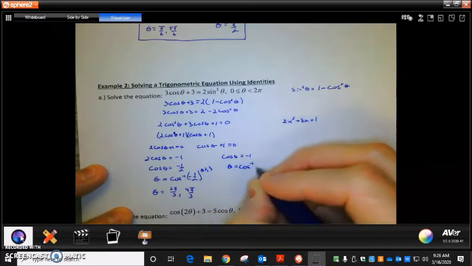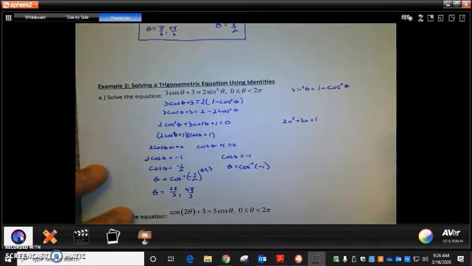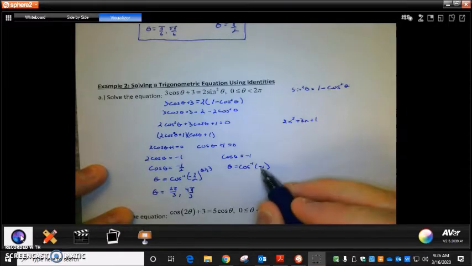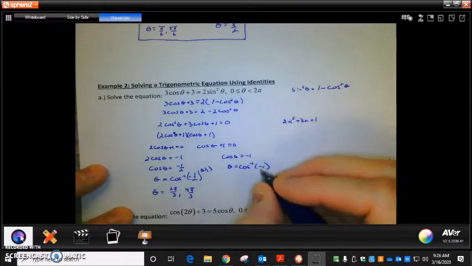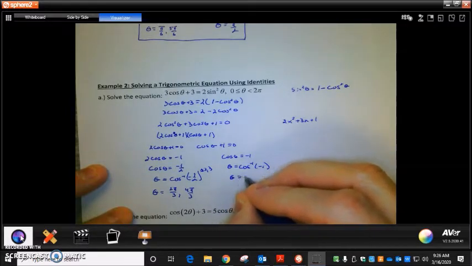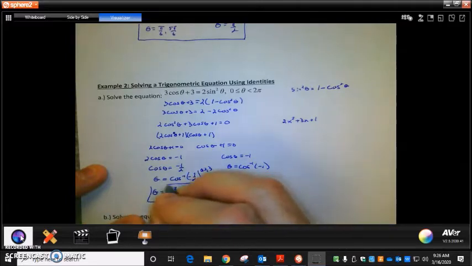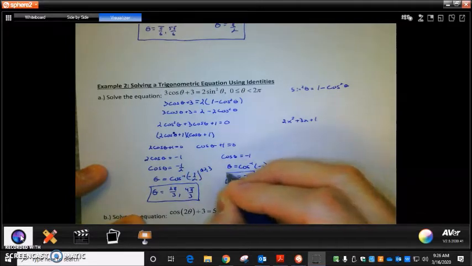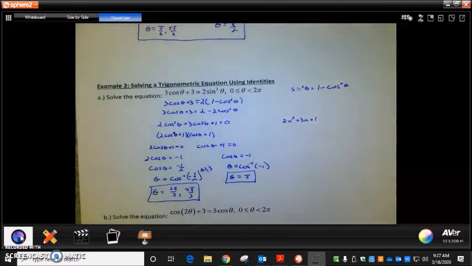Theta is the inverse cosine of negative 1. So I'm going to look at my chart. I'm going to see that cosine is 1 at 0, but that's not what I want. I want negative 1. So that's going to be on the other side at pi. So these two angles work, and so does this. So there are 3 solutions to that equation.